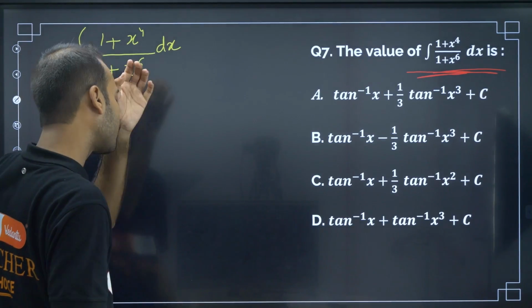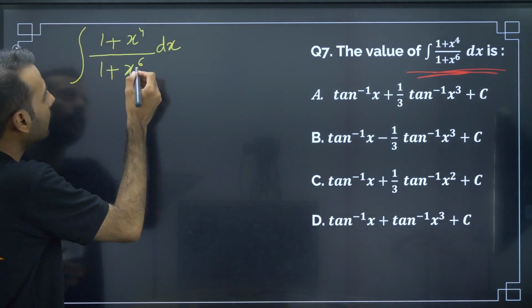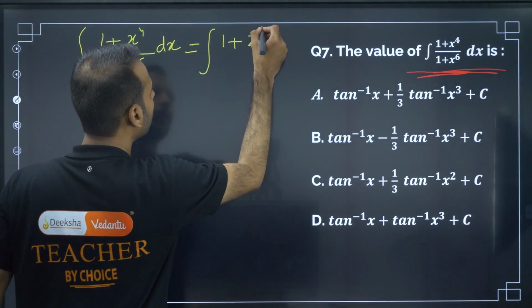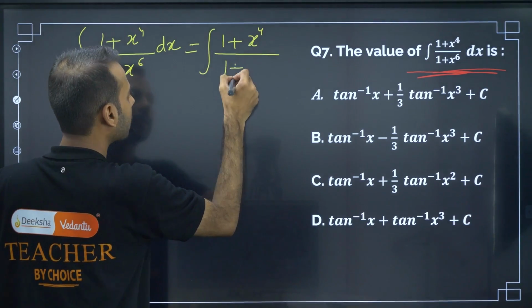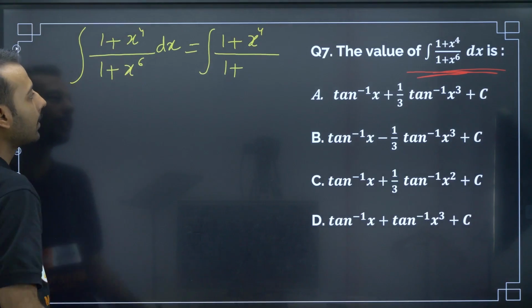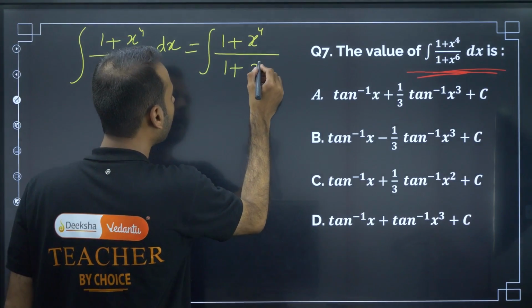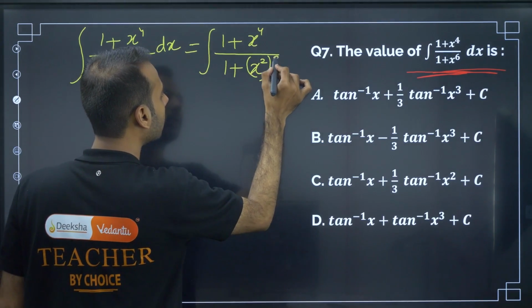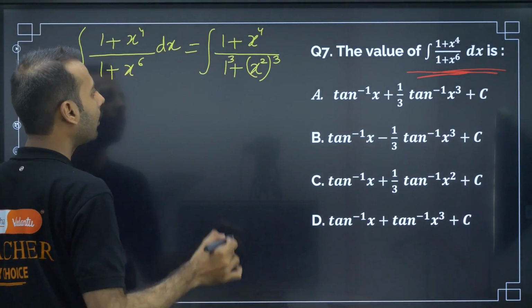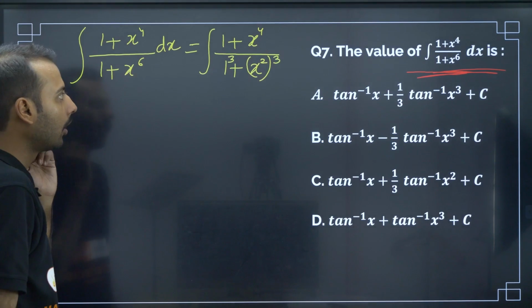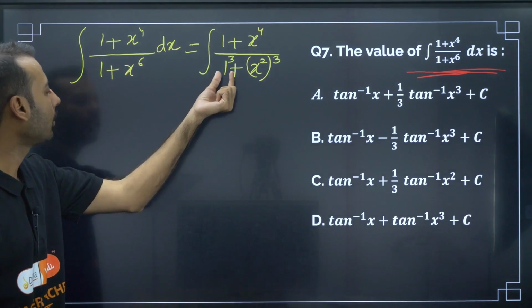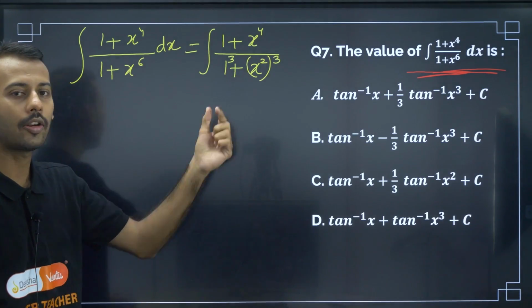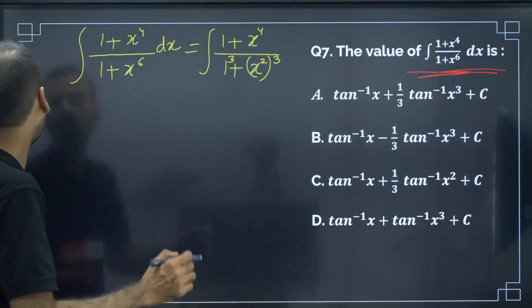Now I am going to write this as 1 plus x4 by 1 plus x6. For x6 let me write x square and then cube. Also in place of 1 let me write 1 cube. The reason why I am doing this, they both are same expressions only, but I am doing algebraic manipulations in such a way that this expression is not affected.